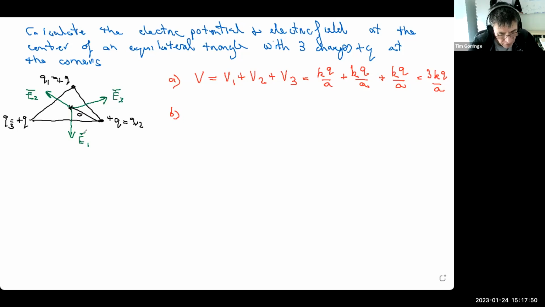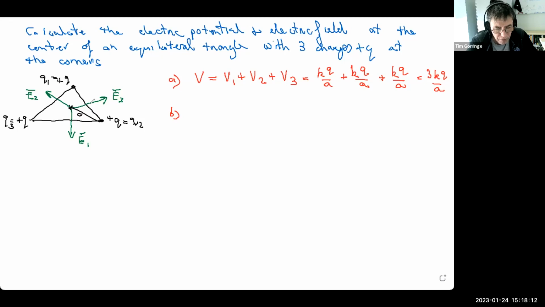Now, there's a couple of things that are very important about these 3 fields, E1, E2, E3. One thing that's important to note that will help us is that the size of E1, E2, E3 are all the same. So they're all created by the same size charges.